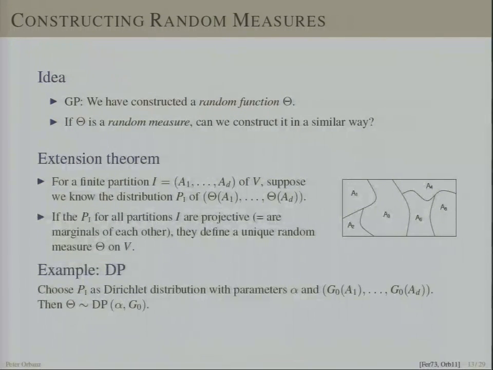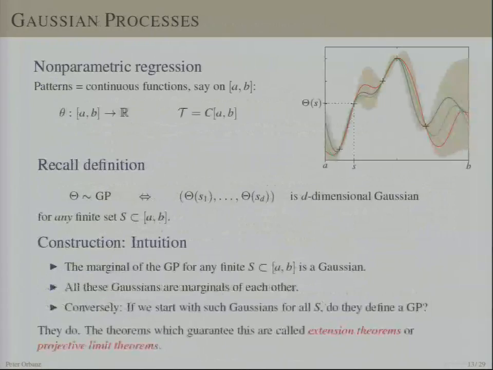All right. So now we have to find the corresponding result to this construction of the Gaussian process. In the Gaussian process case, we looked at marginals, and how did we get the marginals? We chose points down here, and then restricted ourselves to these points.